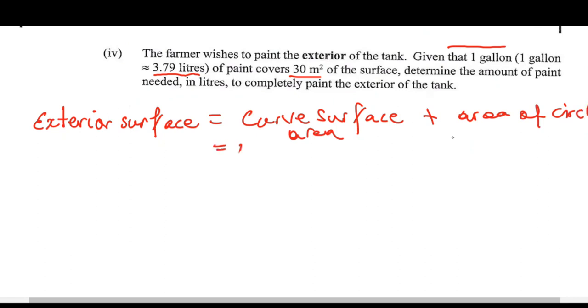Now we already agree that this is 140. Now we're going to have to find the area of the circle, which is pi r squared. Put it together.